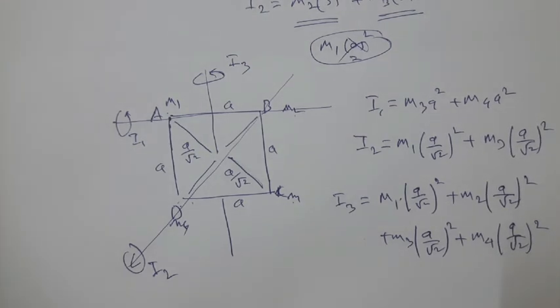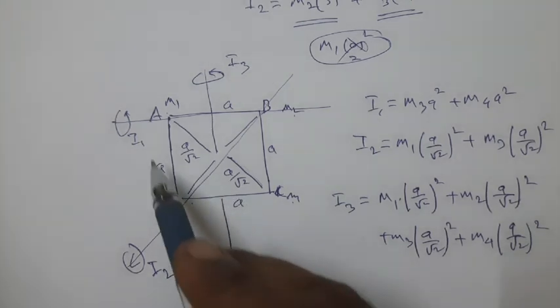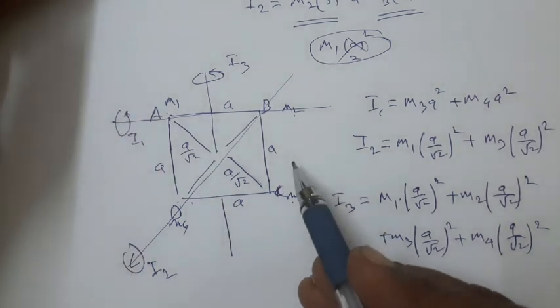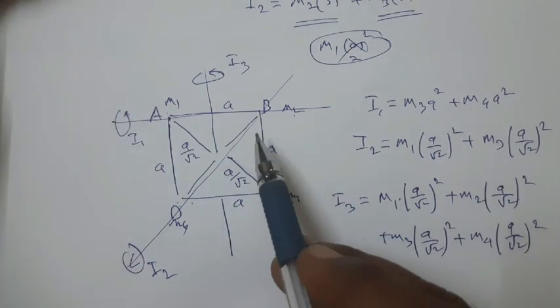Now it depends on the situation. Most of the time the problem will be asked by giving the coordinates of the masses. For example, masses of 2 kg, 3 kg, 4 kg, 5 kg are situated at some coordinates like 0, 0, 1, 0, 0, 2, say for example 0, 1, 1 or 1, 2, 3, etc. And then we will have to draw the figure and identify the positions of the masses.